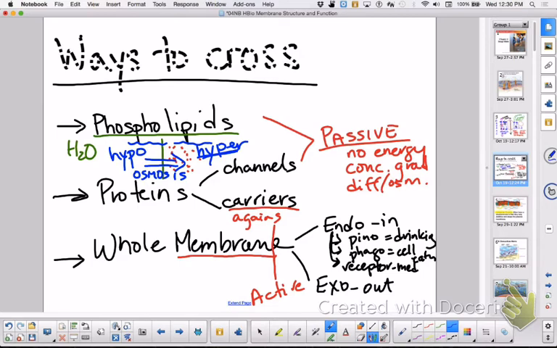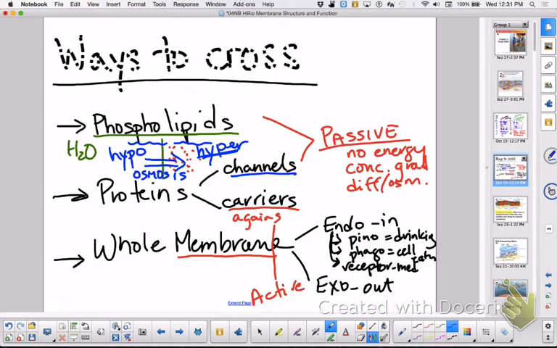And that did not require any energy because water is just going from a higher concentration to a lower concentration. If you use a channel to do that, there are aquaporins for water. If you use a channel, it's still not costing you any energy. If you have a gate that opens up in your cell membrane, a protein gate, that allows sodium to move from a higher concentration to a lower concentration, that's called facilitated diffusion.